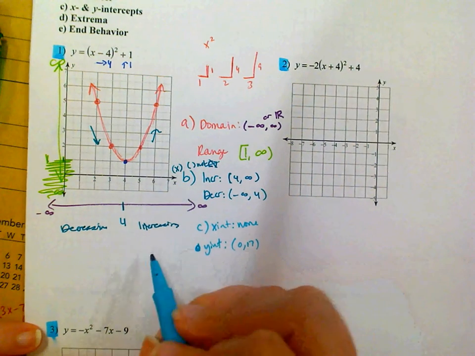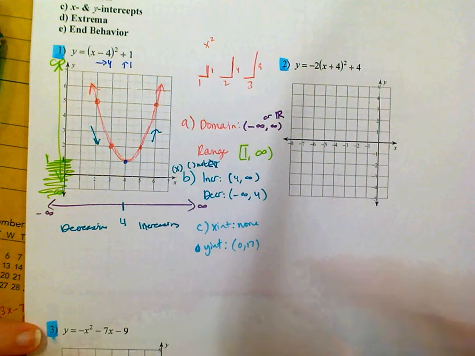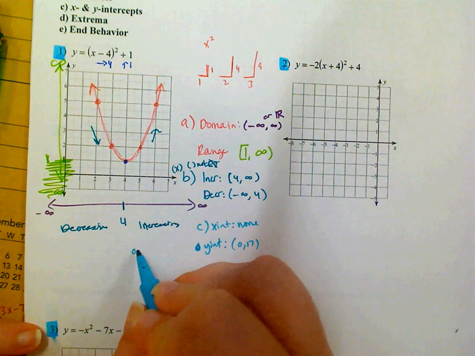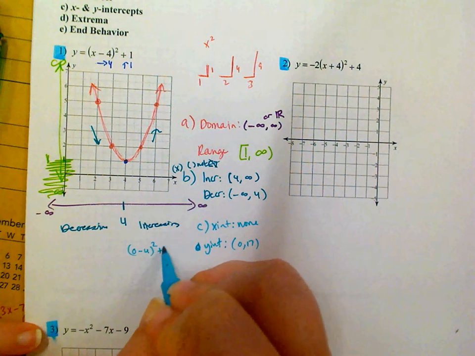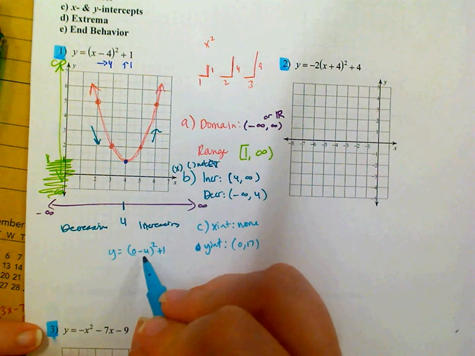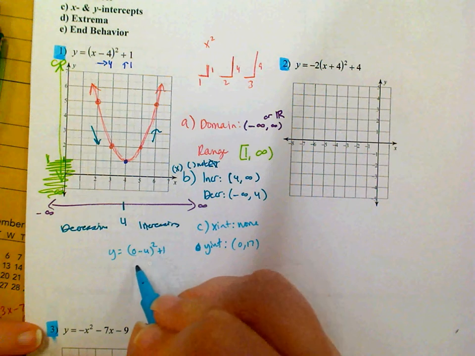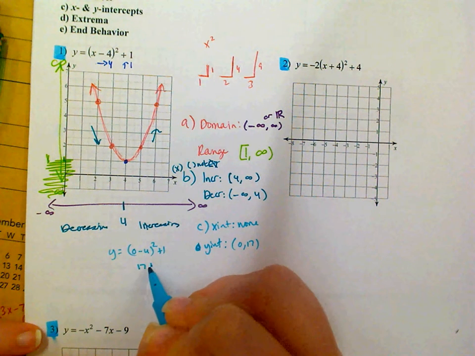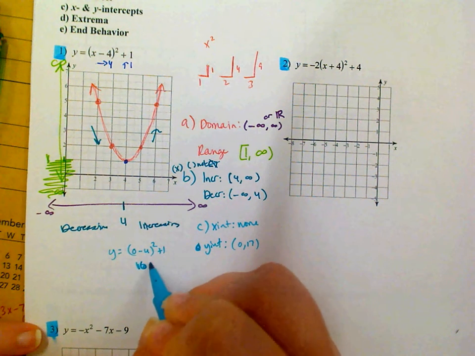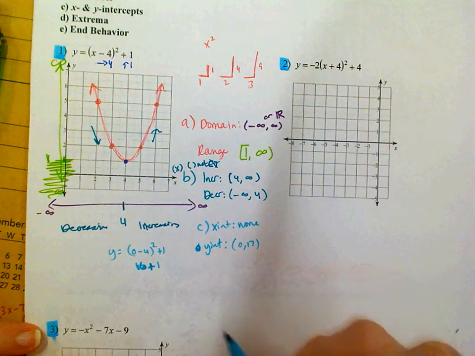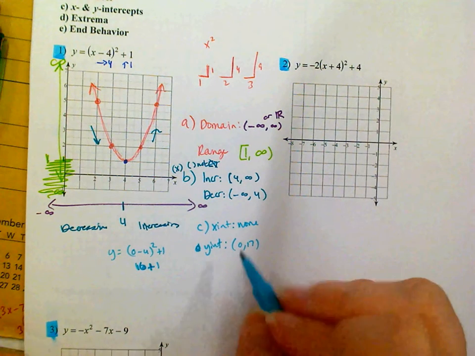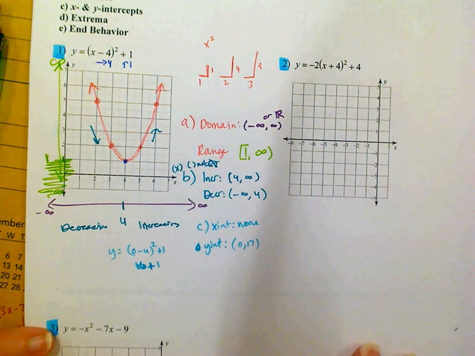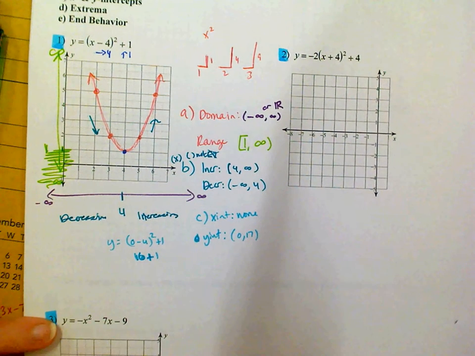Or I can just think about the function and plug in 0 in there. So I've got 0 minus 4 squared plus 1 equals y. 0 minus 4 is -4, but -4 squared is +16. So I'm thinking 17. 16 plus 1, and that is 17. So when x equals 0, y equals 17. But it would be just as easy to go ahead and go to the table.